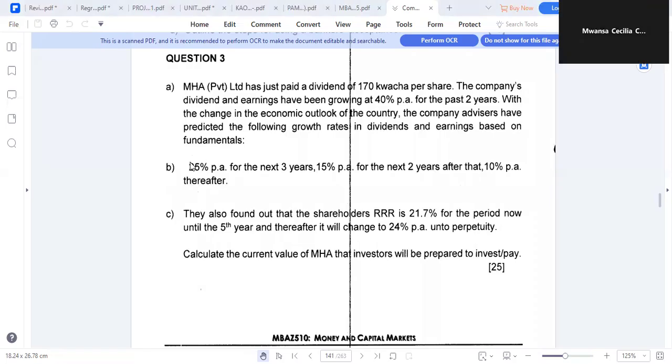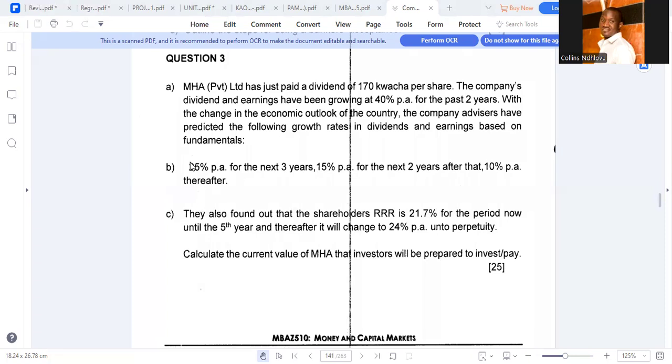So 3A, MHA has just paid a dividend of 170 kwacha per share. The company's dividend and earnings have been growing at 40% per annum for the past 2 years. With the change in economic outlook of the country, the company advisors have predicted the following growth rates in dividends and earnings based on the fundamentals: 25% per annum for the next 3 years, 15% for the next 2 years, and after that, 10% thereafter.